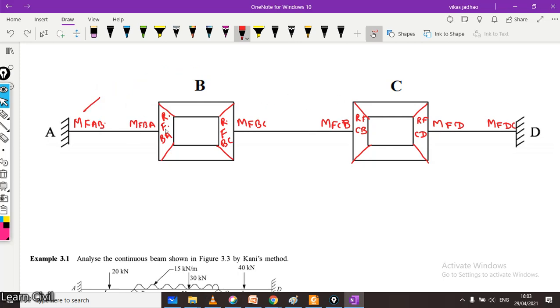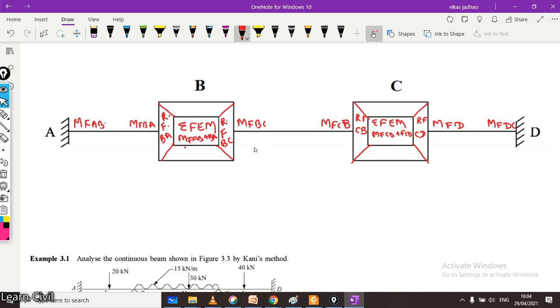Then we will write down the rotation factor values like this. Then we will write down the sum of fixed end moments here, that is MFAB plus MFBA, and again the summation of fixed end moments here, that is MFCB plus MFCD.